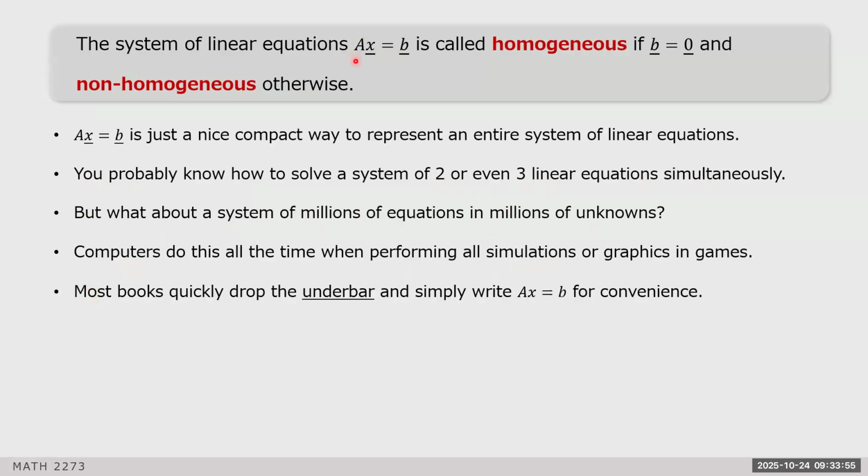How we have it written here, AX equal B, you see the X and the B have lines underneath them. Most books, after they introduce this, will drop the bar and simply write AX equal B for convenience. If you want to, you could keep the bar, but I usually just drop the bars.